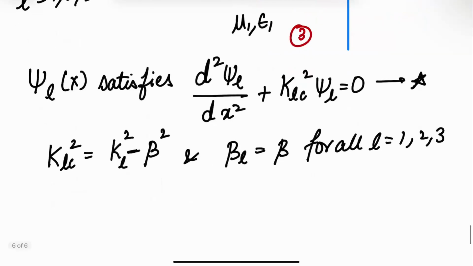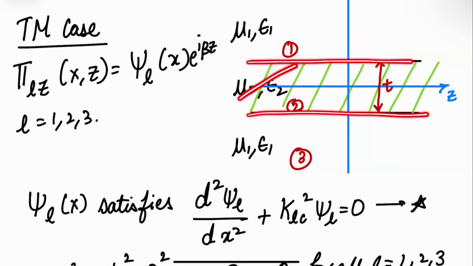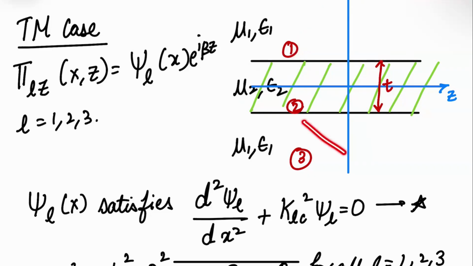Okay, and we're also looking for solutions where the mode is confined inside this region and it's not propagating in this region and this region. To prevent propagation in that region and that region, 1 and 3, we need to ensure that the wave is evanescent in 1 and 3. And we already saw that, right? In case of total internal reflection with the ray model, the wave is indeed evanescent in this medium and this medium. And that's what we're looking for. We're looking for solutions that don't propagate away in these regions and only propagate in this region.